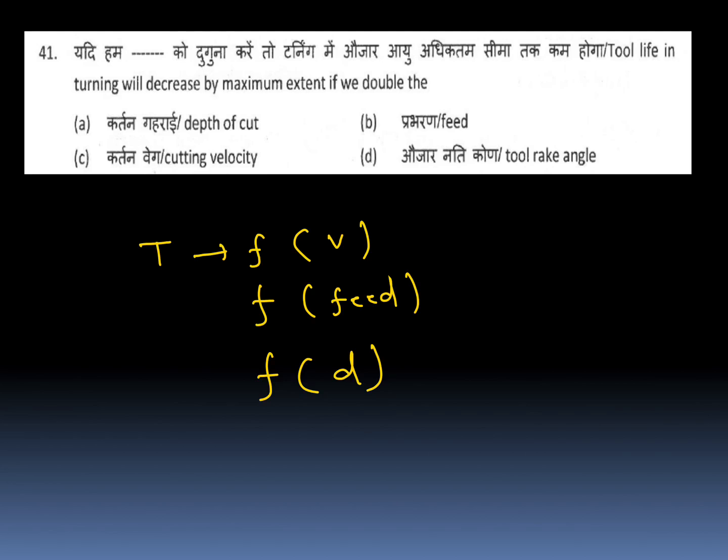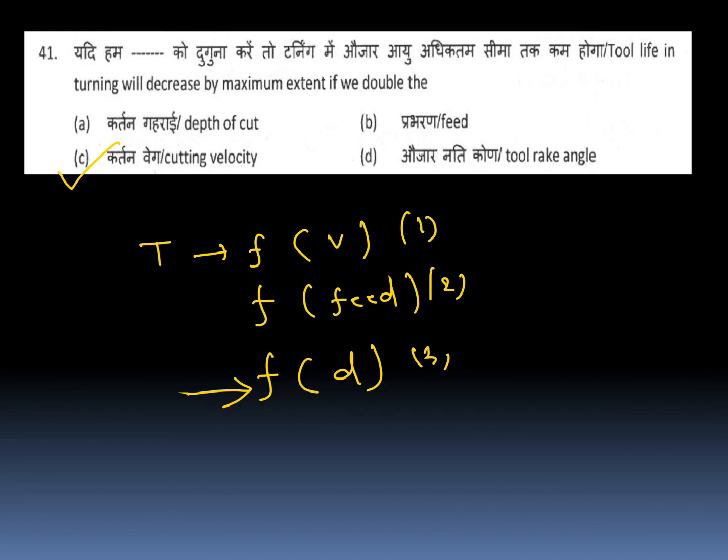So maximum extent if we double the cutting velocity, first, second, then third. C is your answer. If they ask minimum extent, then your answer will be depth of cut.